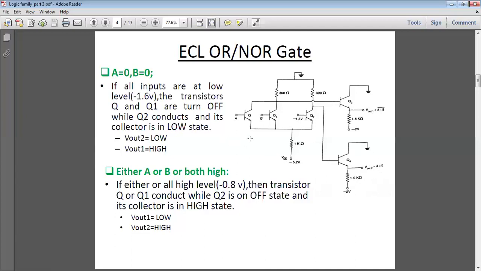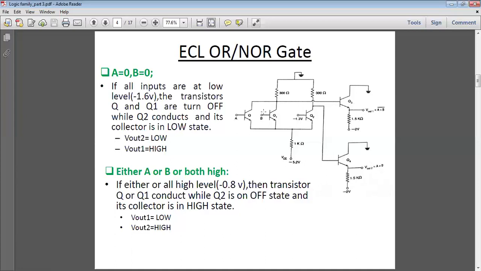If either of A and B is high, the input of the transistor Q or Q1 is at high level, so Q or Q1 conducts, that is, the current will go through this, and Q2 will be in the off state. So its collector is in high state, and Vout1 will be low.